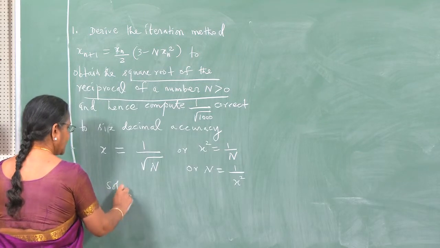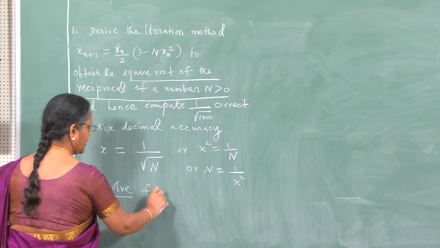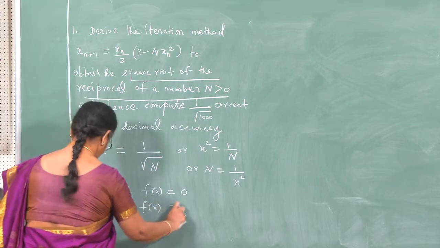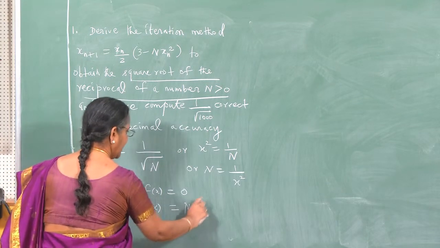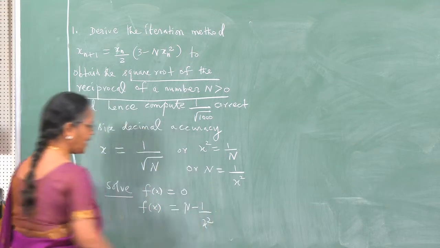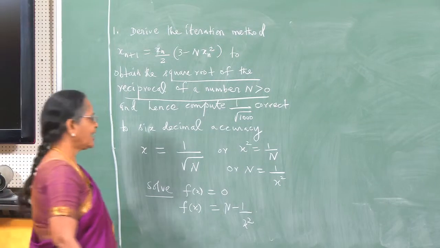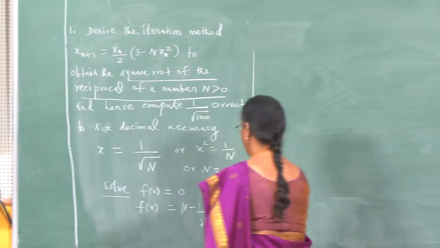So, let us solve the following problem. F of x is equal to 0, where f of x is given by n minus 1 by x square. So, let us apply Newton-Raphson method and solve this problem.